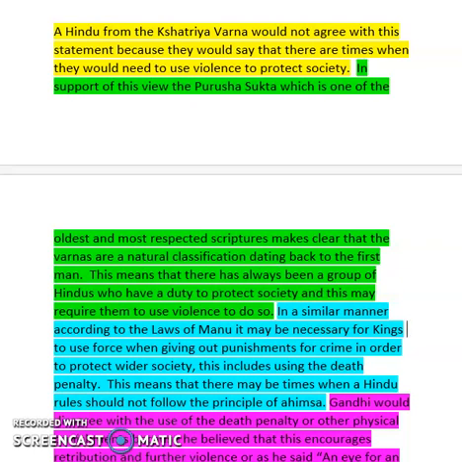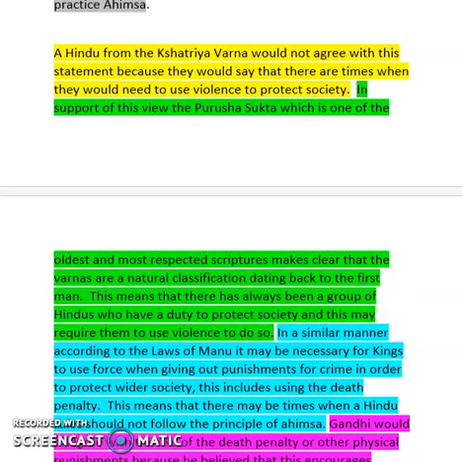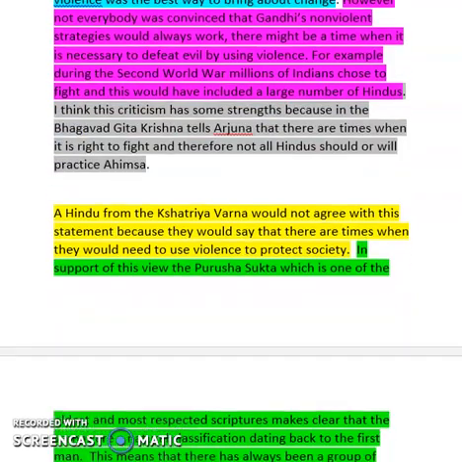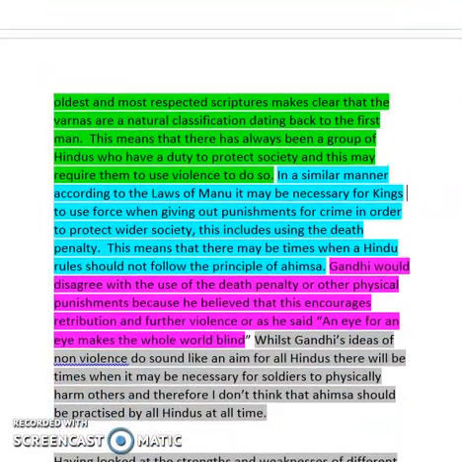And that can include physical punishments and even the death penalty. And so again, that will mean that there will be times when particular Hindus cannot follow the principle of Ahimsa. Okay, and so note how I'm linking back to our question, which is all Hindus should practice Ahimsa.